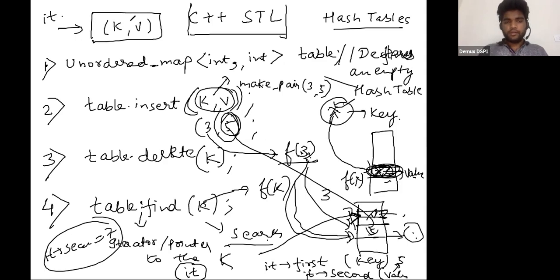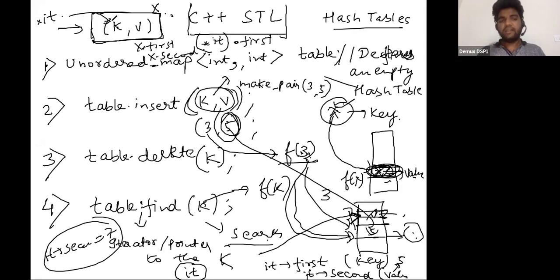For this object, let's say it is X, you could obtain the key using X dot first, and the value using X dot second. Now you don't have X, you have a pointer to X. So how would you access the key? You will do star IT dot first. Star IT will take you to this location, dereference it, then you do dot first. So this is IT arrow first.